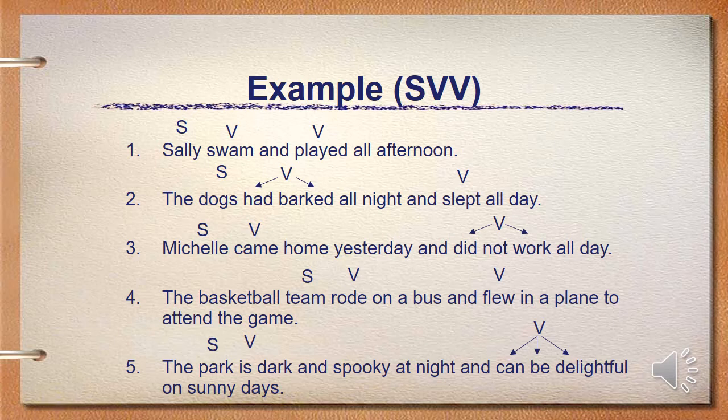The park is dark and spooky at night and can be delightful on sunny days. So in these 5 sentences, we can see that we have only one subject, but with compound verbs, with 2 verbs.